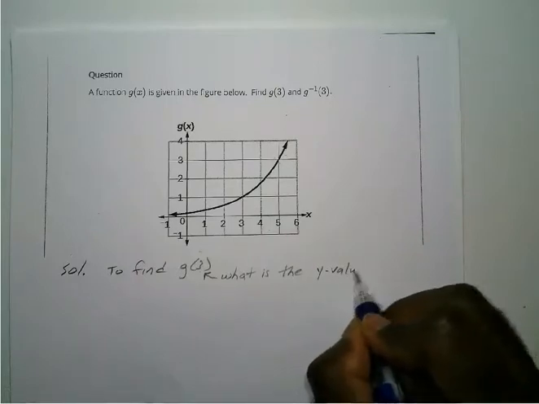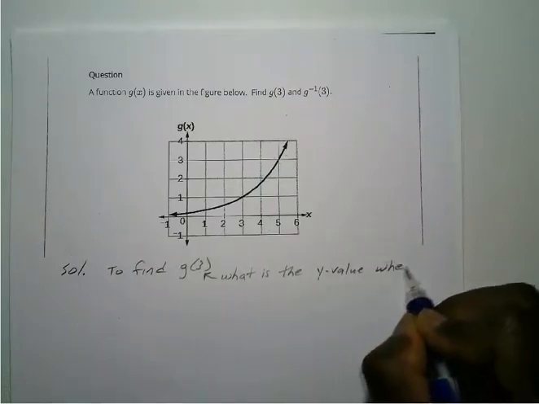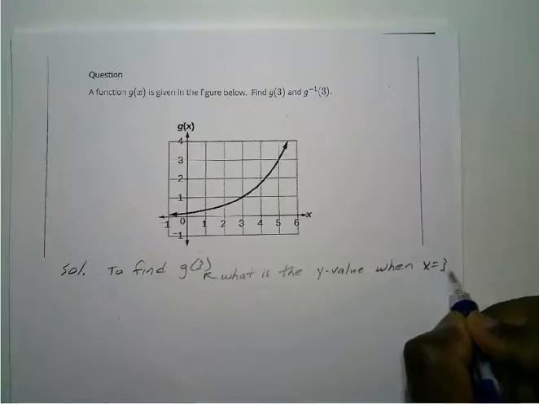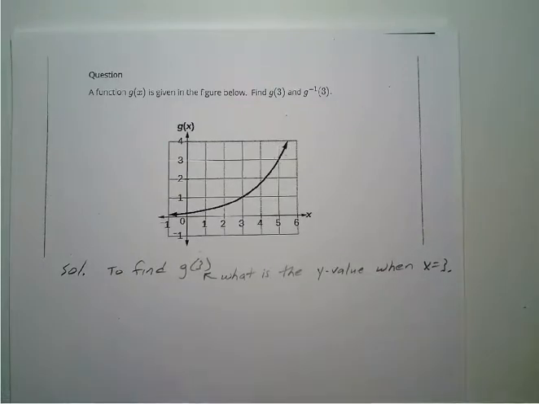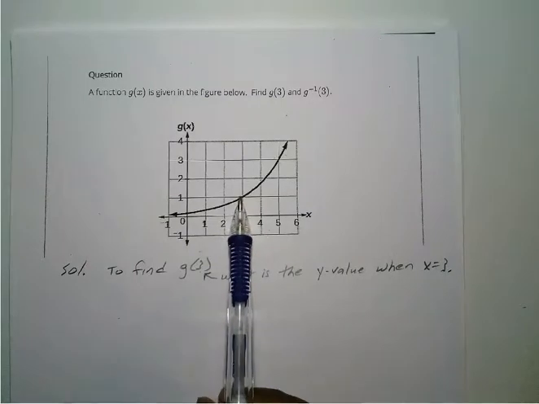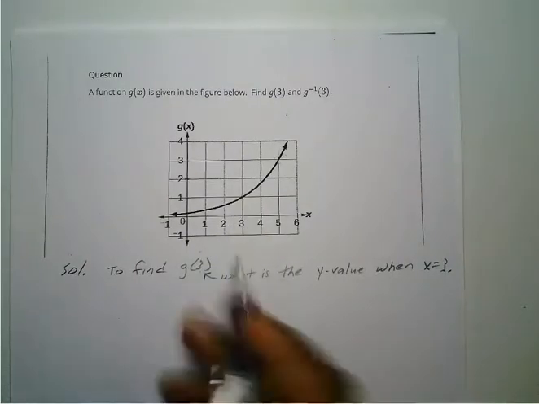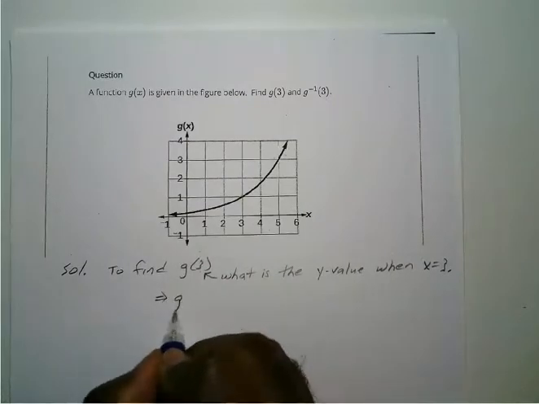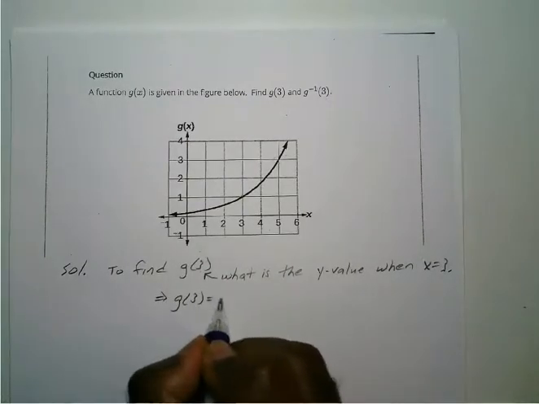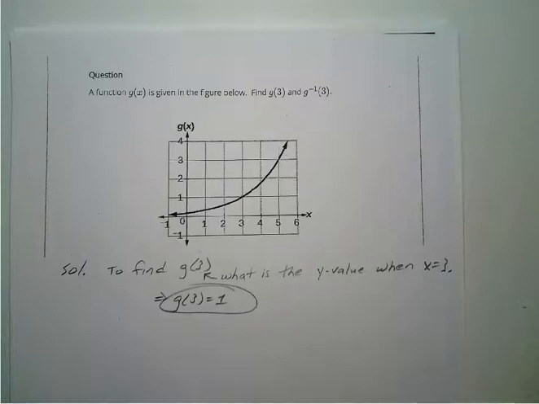What is the y value when x is equal to 3? Okay, so that's really all this one is saying. So when x is equal to 3, your y value is 1. So we can see here that g of 3 is equal to 1.